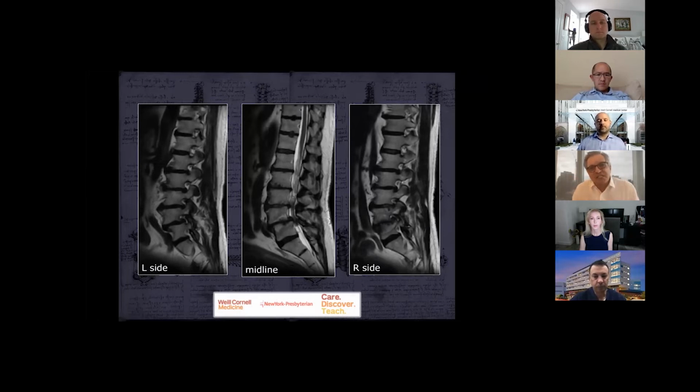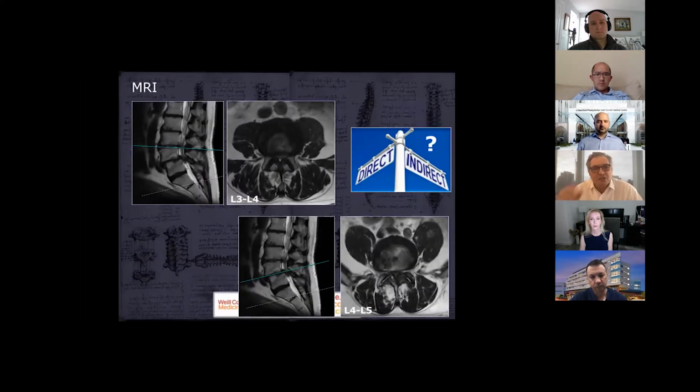Now you have to ask yourself: are you going to be able to treat this patient successfully with indirect decompression or with direct decompression? Now let's look at the axial pictures. On the axial T2, you can see there's very severe lumbar spinal stenosis at L3-4 and even more severe lumbar spinal stenosis at L4-5.